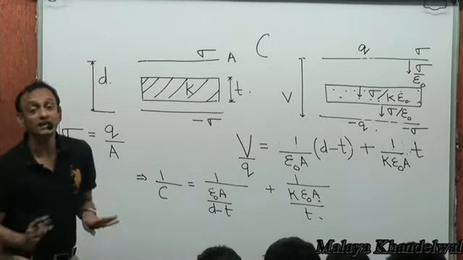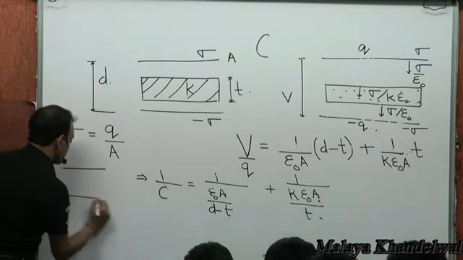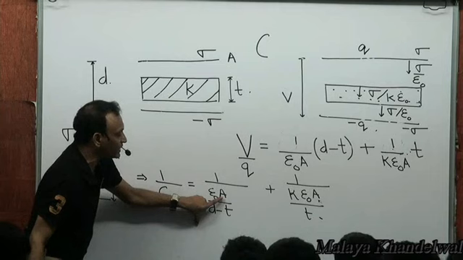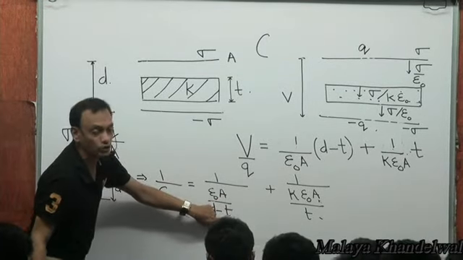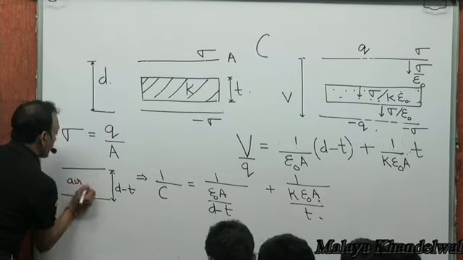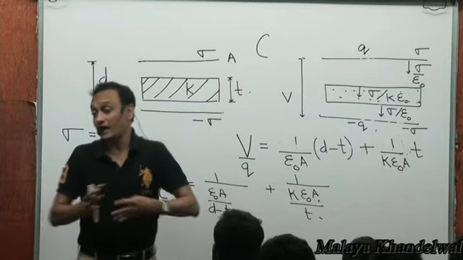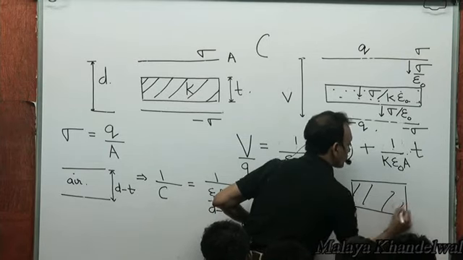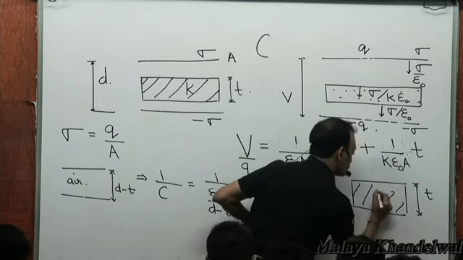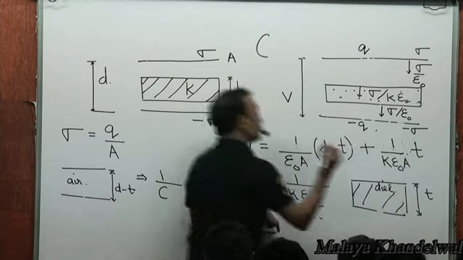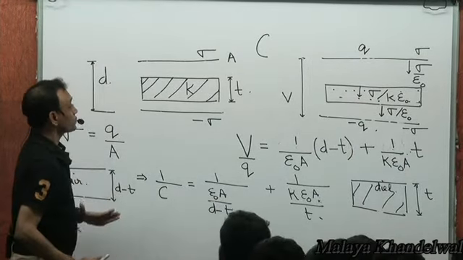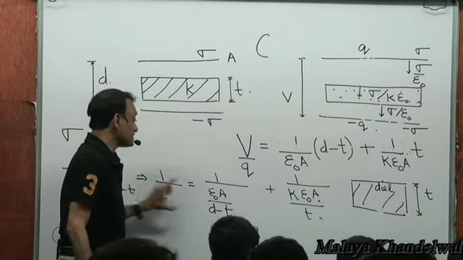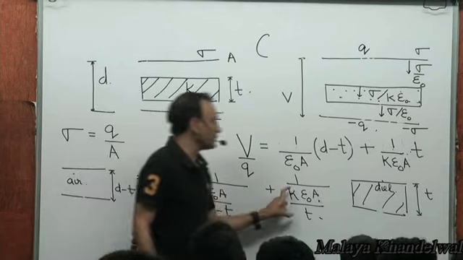Now epsilon naught A by D minus T is like an air capacitor with area of overlap A and separation between the two plates D minus T. And K times epsilon naught A by T is like a capacitor filled with dielectric of thickness T. Which means this arrangement is like two capacitors in series: 1 by C is like 1 by C of air plus 1 by C of the dielectric.